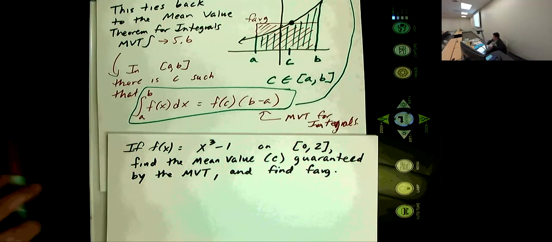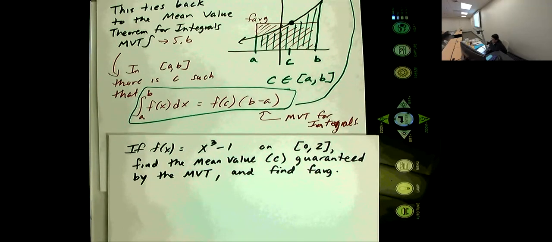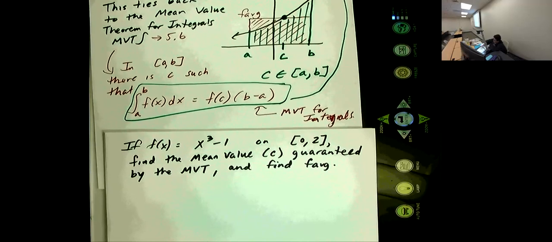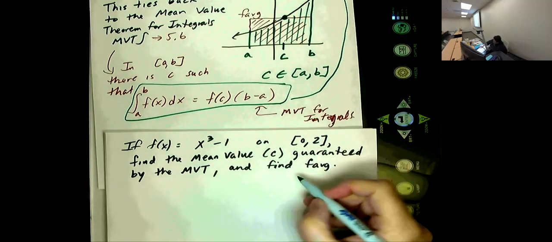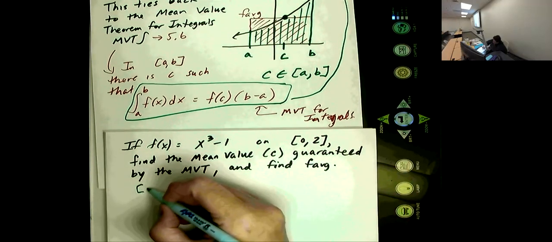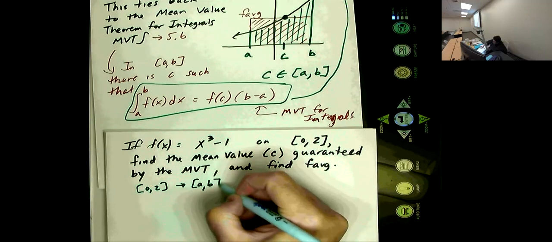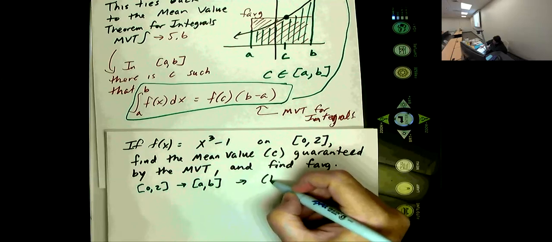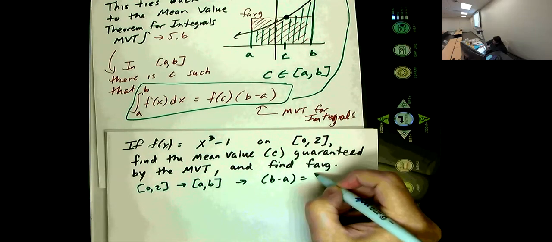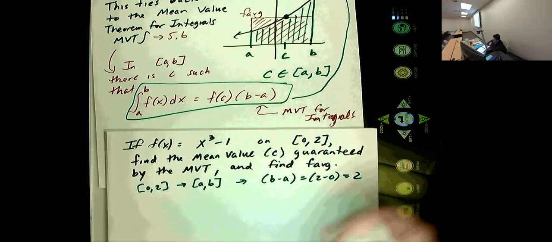And let me get you pointed in the right direction to start checking. We're on 0, 2, so that's my a, b. So b minus a is 2 minus 0, which is 2.